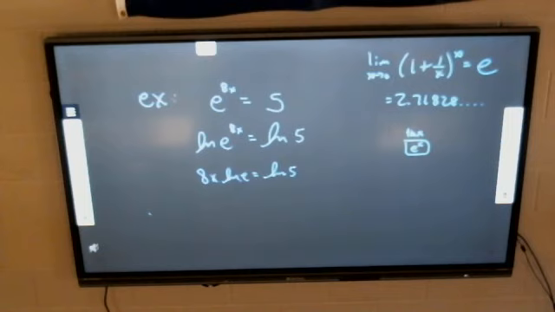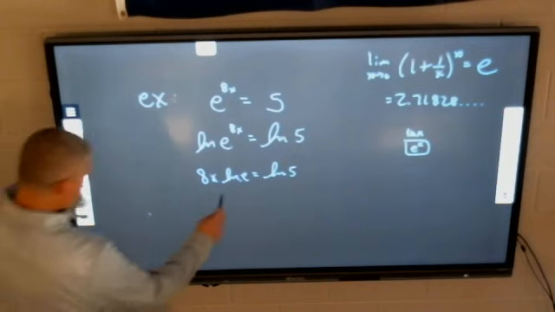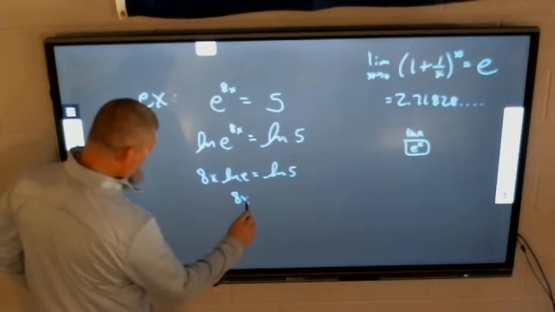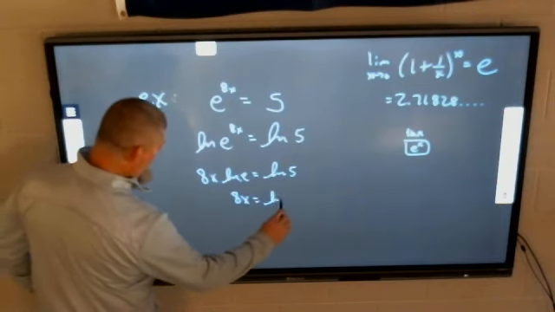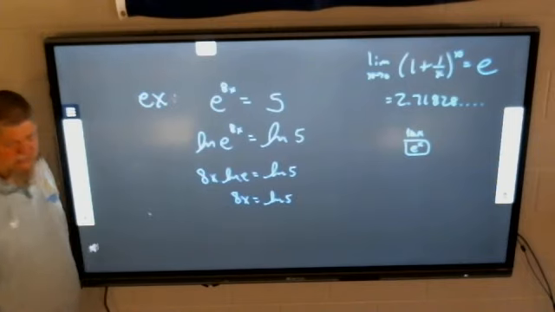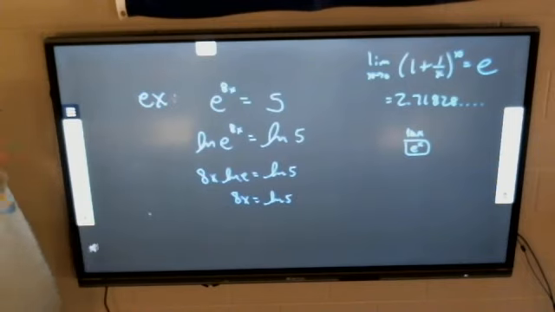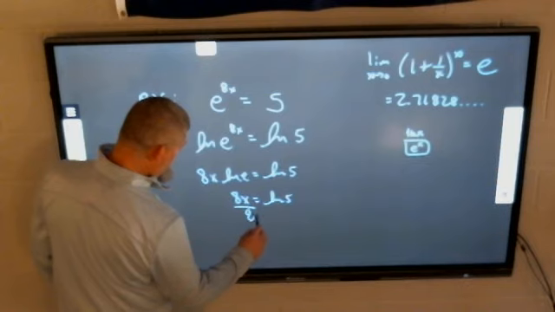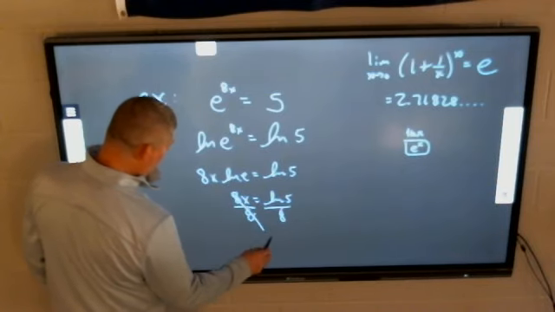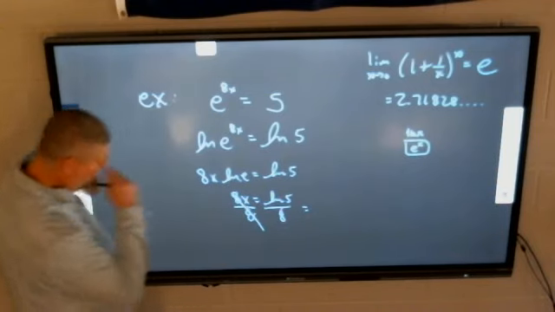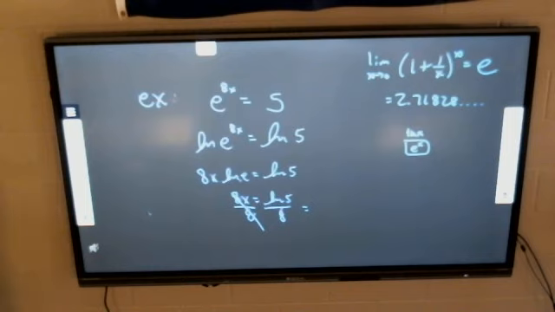So it's actually kind of nice when you have this, because it's just 8x equals the natural log of 5, because the natural log has a base of e. Divide by 8, and you get your answer: the natural log of 5 divided by 8.